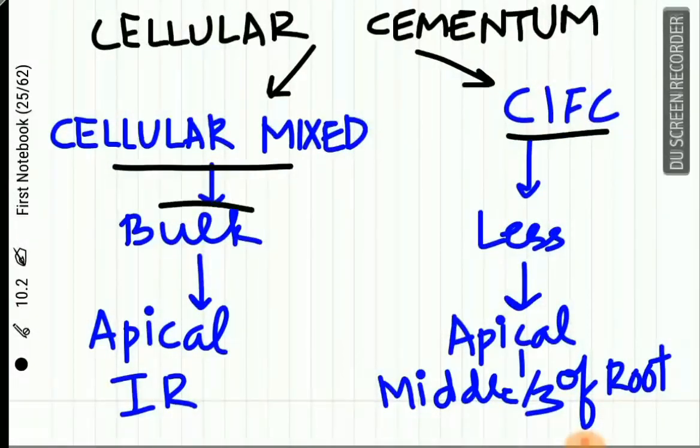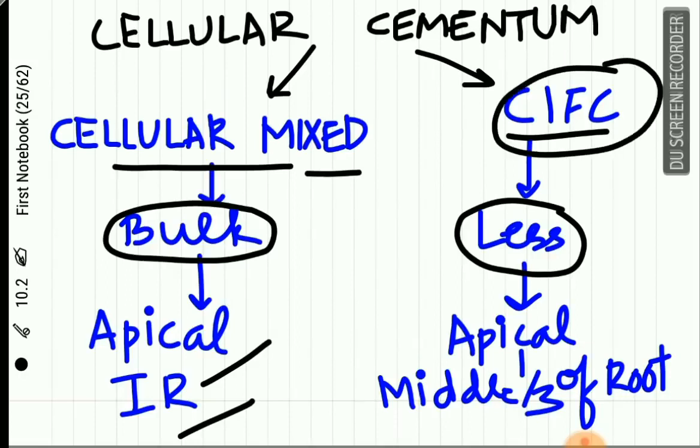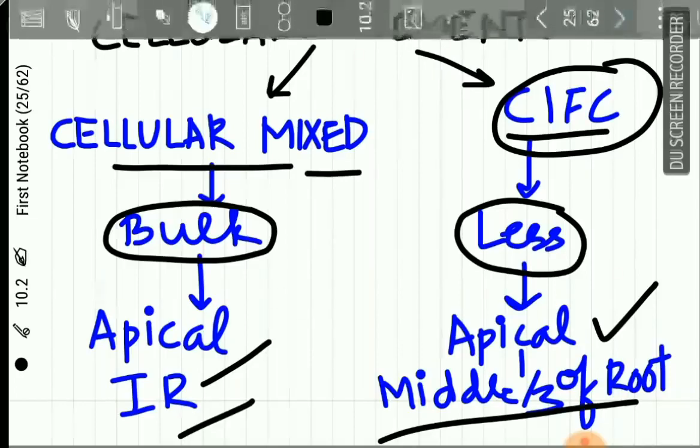The cellular mixed fiber cementum is present in bulk, while the cellular intrinsic fiber cementum is very less. The cellular mixed fiber cementum is present in the apical 1/3 and also in the interradicular area, while the cellular intrinsic fiber cementum is present in the apical 1/3 and sometimes found in the middle 1/3 of the root.